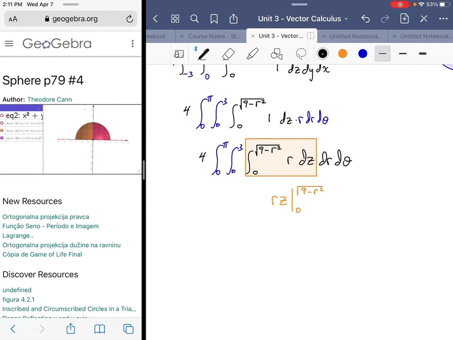All right, so that's going to become, fortunately it's not too crazy in terms of substitution, r root 9 minus r squared. We still have the 0 to 3. We still have the 0 to pi. Still have the 4. Still have the dr d theta.